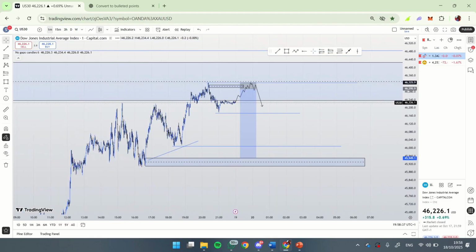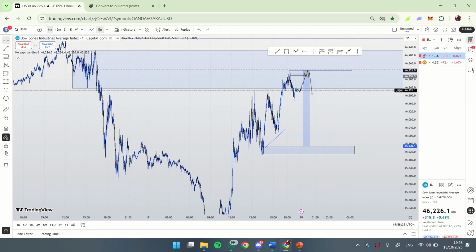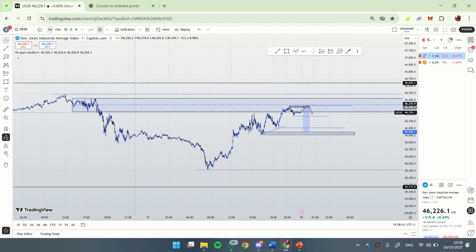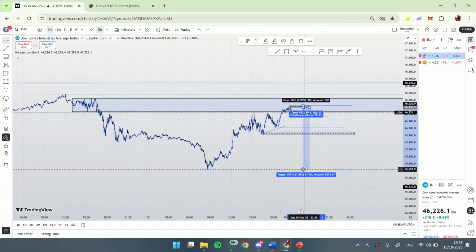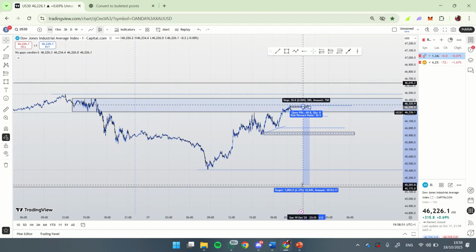And if you buy my whole idea of price reversing here, you could actually take it here and make it 1:29, or better still, take it here and make it 1:37.